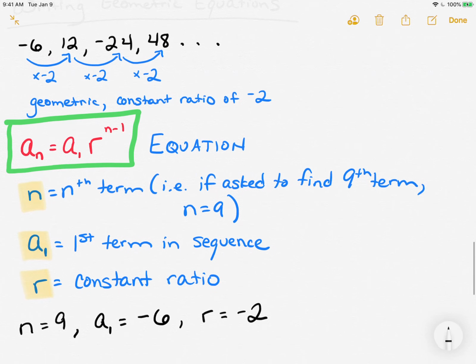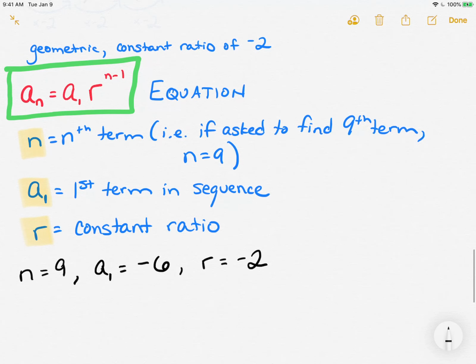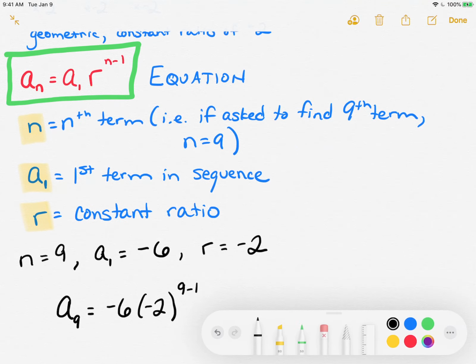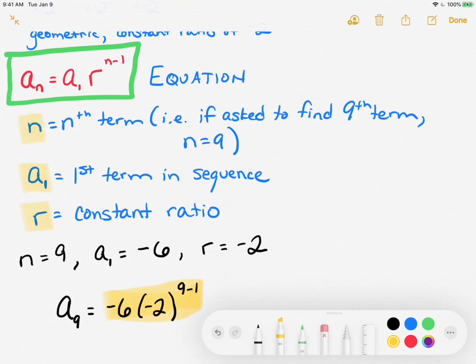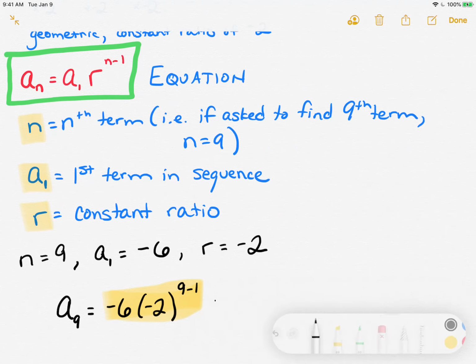And then don't we put that into the graph? We do. So a sub 9, I'm replacing the n with 9, is equal to -6 times -2 to the 9 minus 1 power. And that can be typed into the calculator. Can, instead of us doing 9 minus 1, can we just do it to the 8th power?